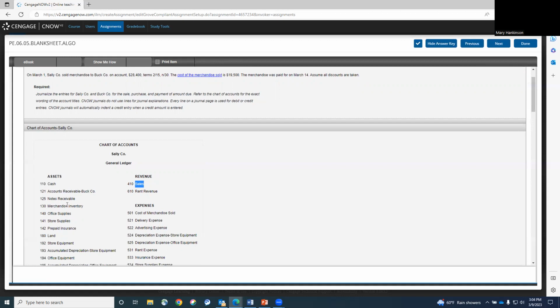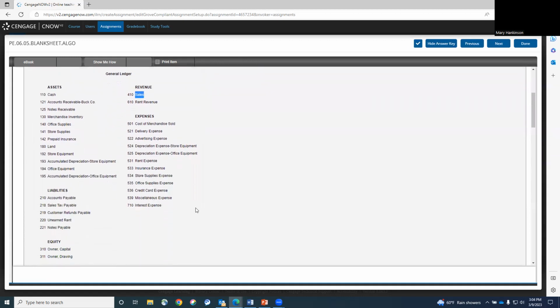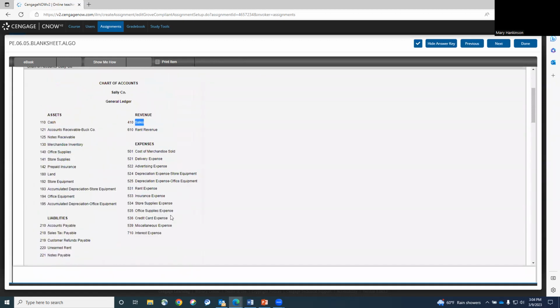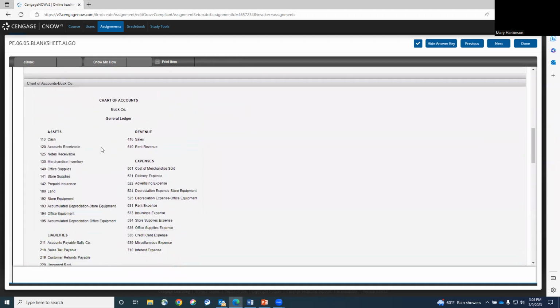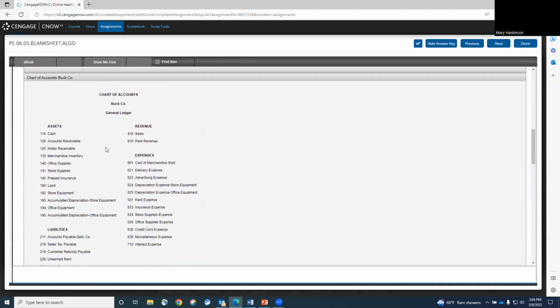If you copy and paste the accounts when you plug them in, that really saves a lot of time. So let's go down here. We have the chart of accounts for Sally Company and the chart of accounts for Buck Company, because you're recording the purchase transaction and the sales transaction.